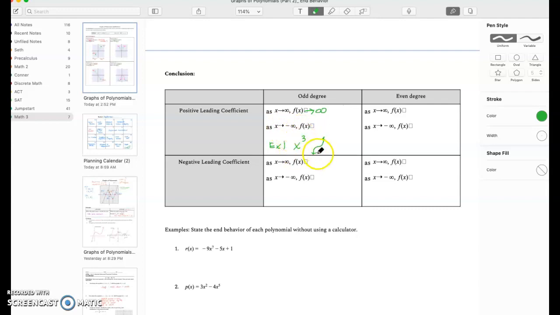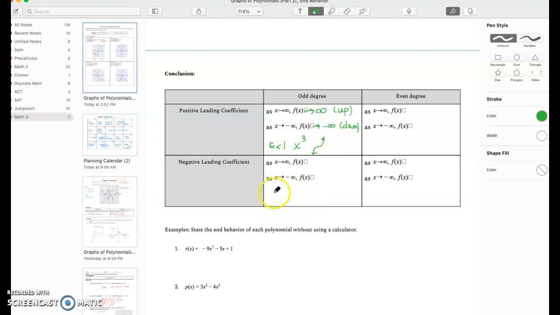And on the left side, over here, that is going to approach negative infinity because it's going down. So this is your notation for the end behavior is going up. This is your notation for it's going down. Either approaching positive infinity for up, negative infinity if it's going down.